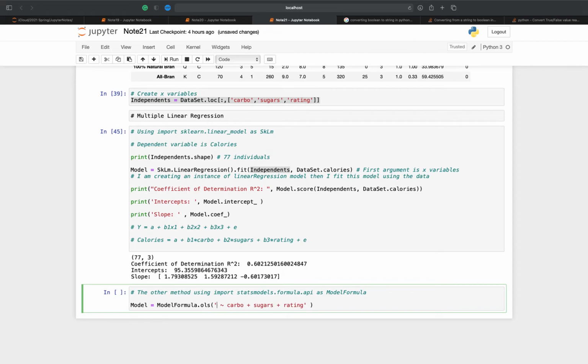We talked about this before, I'm sure. And then calorie is the y. Okay, so let me write this down here: Y tilde x1 plus x2 plus x3 plus dot dot dot. Now you understand.